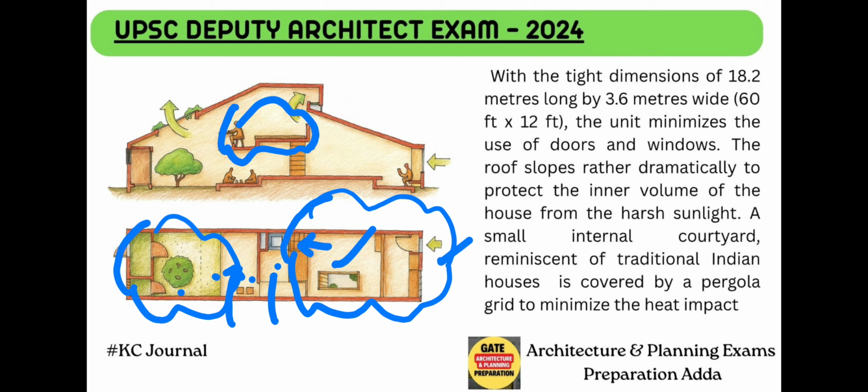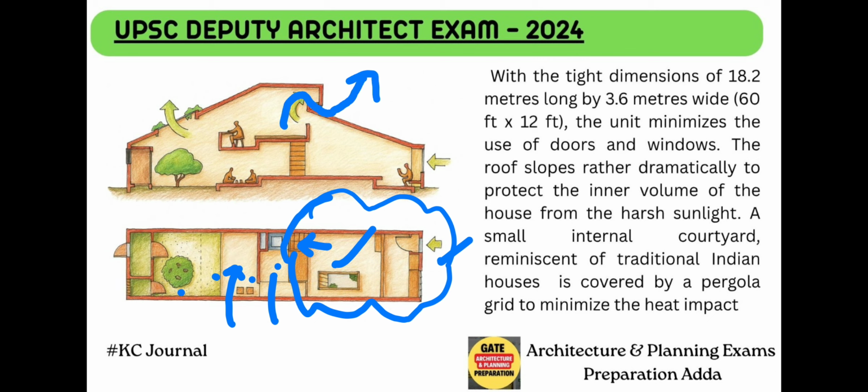Nice. So here also he has given the climatological aspect. See here, the hot air can escape through this one. Normally when it is narrow, some pressure will be created, and air will escape in a faster manner.